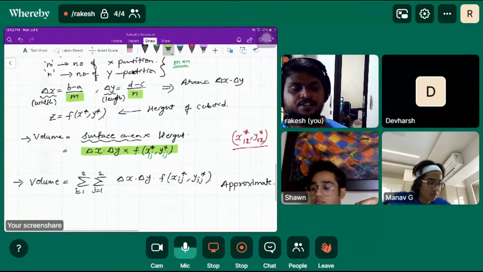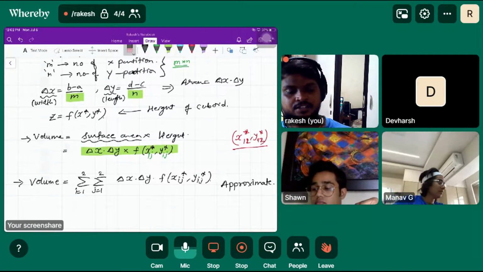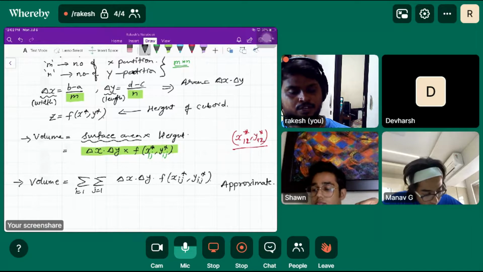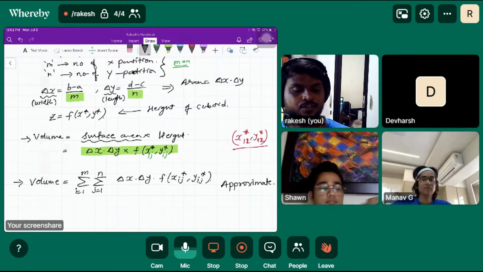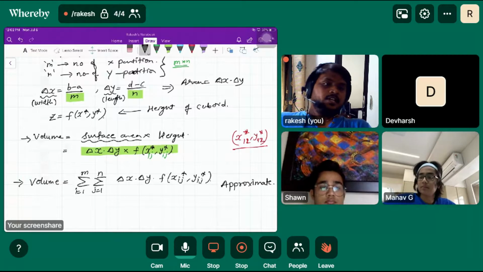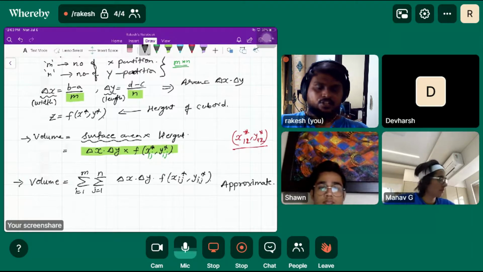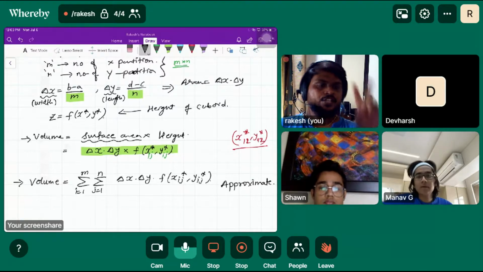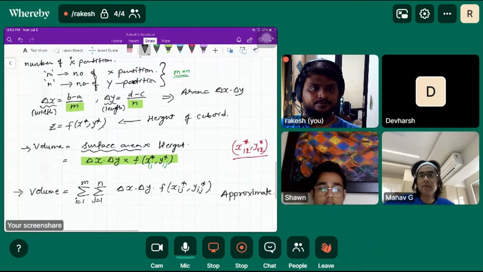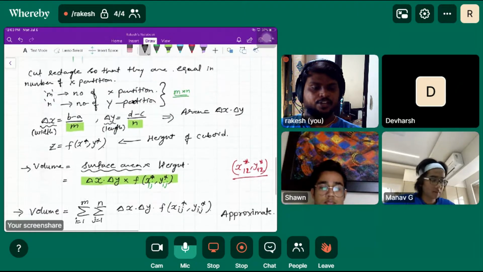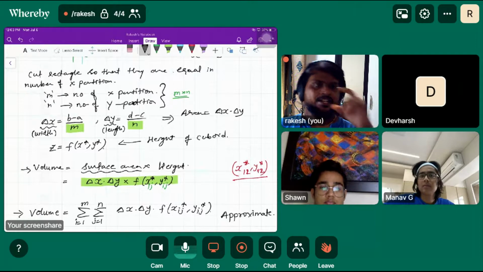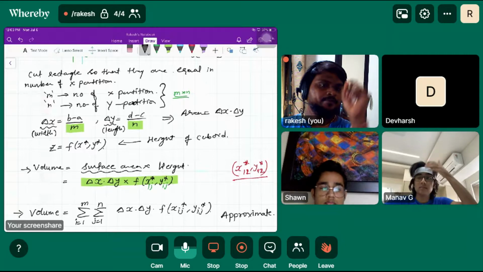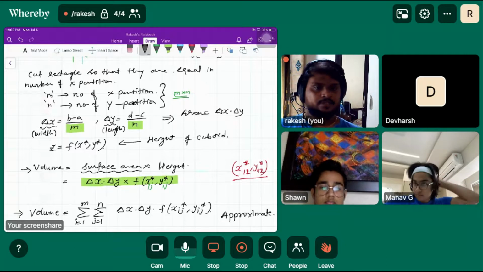So what would be the different values of i and j? i will go from 1 to m and j will go from 1 to n, right?